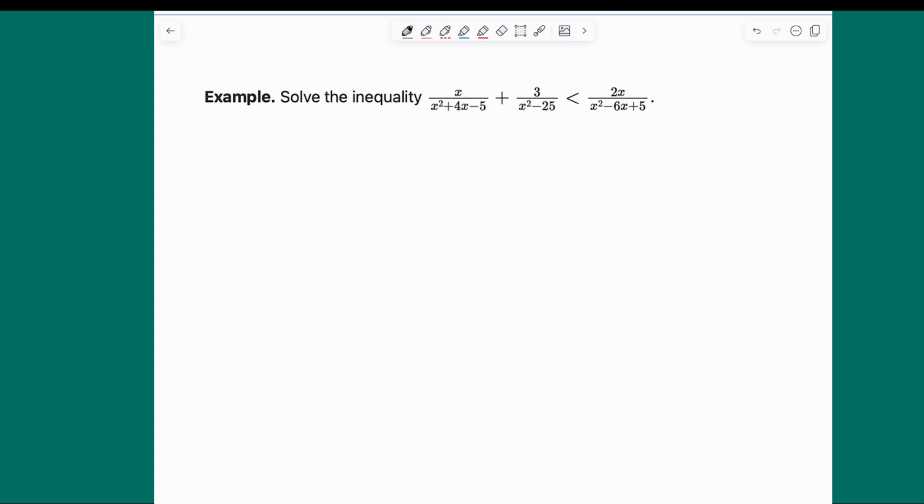Okay, so this is a rational inequality, and the first thing to do when we solve rational inequalities is to rewrite the inequality so we have 0 on one side and the rational expression on the other side.